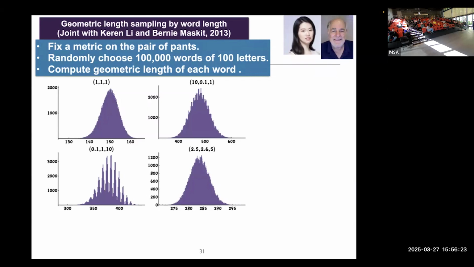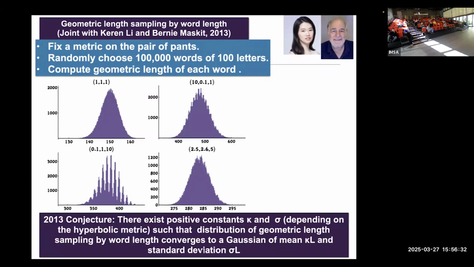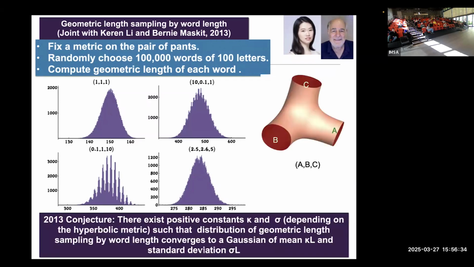So the idea here, we chose some random words and we computed the geometric length on some metrics. When you have your pair of pants, you can determine the metric by the lengths of each of the cuffs. And here I have the examples I computed.